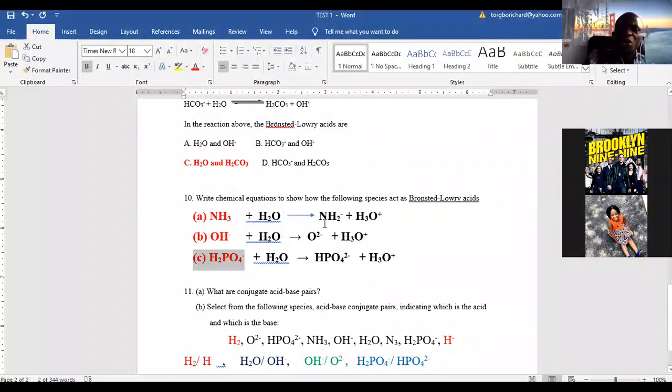The other thing is to write the products right and the charges right. And I don't see why you should be getting these things wrong. Because when ammonia donates a proton to water, water becomes hydronium ion. That's what you see here, H3O+. Then ammonia, you'll be left with NH2 minus. Now it has to be minus so that charges balance.